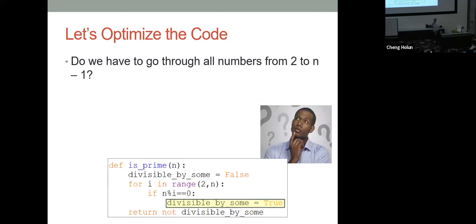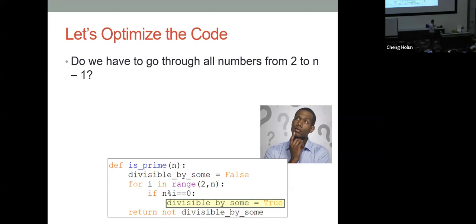And then this one. After I figure out some number is divisible, do I need to go through all the rest of the numbers? For example, if I want to check if the number 100 is a prime number, I check 2. Hey, it is already divisible. Do I need to check the numbers 3, 4, 5, 6? But then the for loop doesn't let me stop. How?